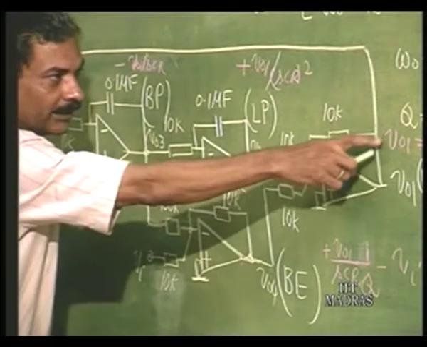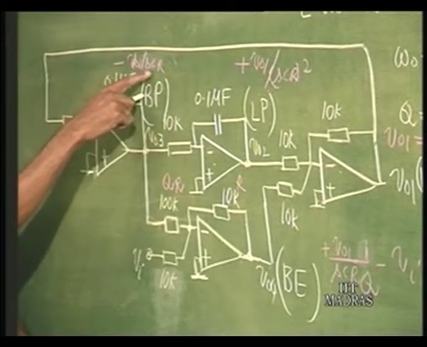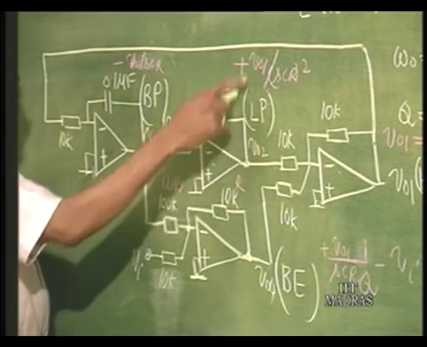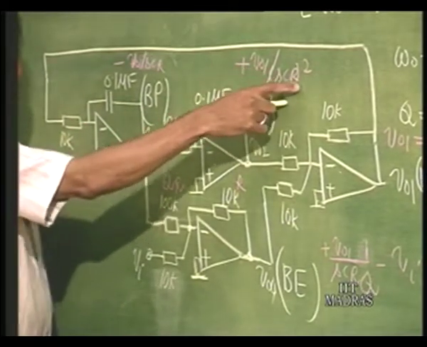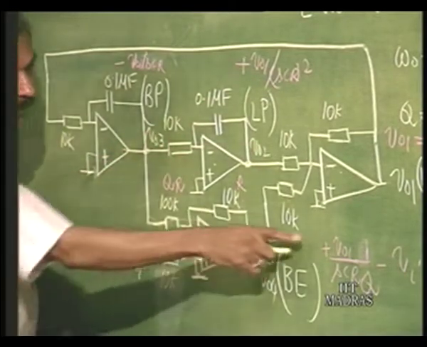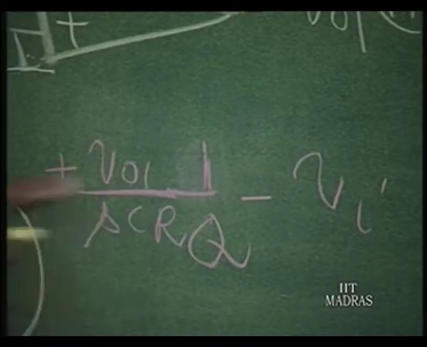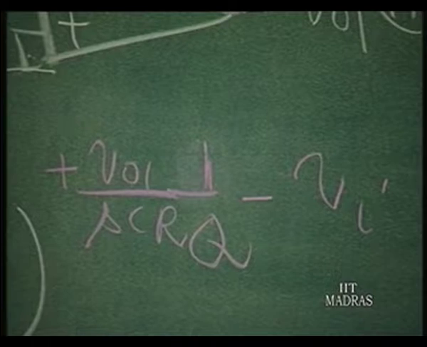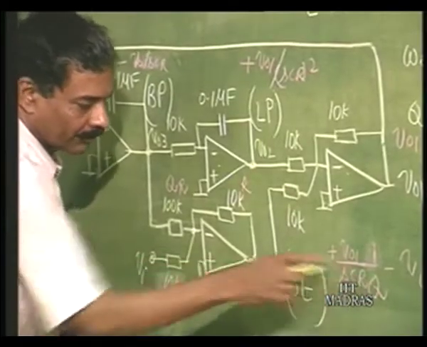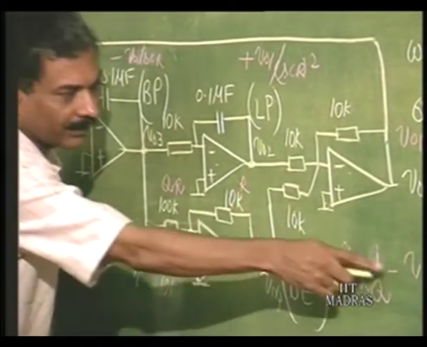If V naught 1 is this input, this is V naught 1 minus V naught 1 by SCR. Again this is integrating a second time, plus V naught 1 by SCR squared is what appears here. This V naught 1 is going to be amplified by 1 over Q, it is attenuated really, into SCR with a minus sign, and therefore this becomes plus V naught 1 by SCRQ, and then this Vi is coming as minus Vi, 10K 10K, and therefore minus Vi.